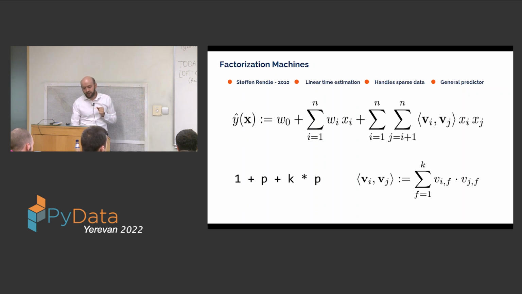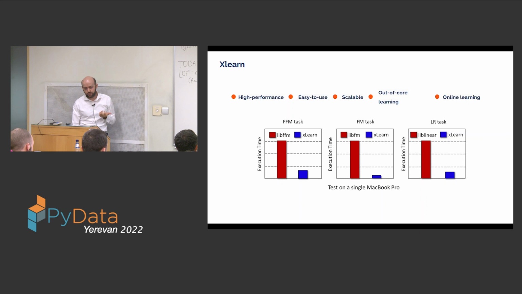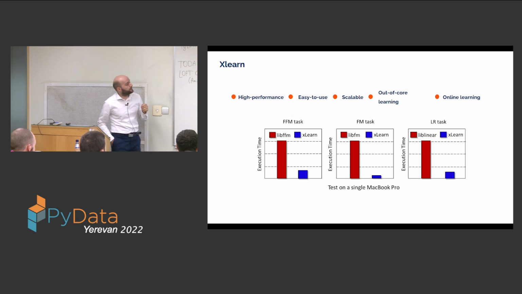With this model, not only can you solve recommender system related tasks, but you can even do regression, like logistic regression, binary classification, and regression tasks. And there is a very good implementation of factorization machines. The package is called xLearn.